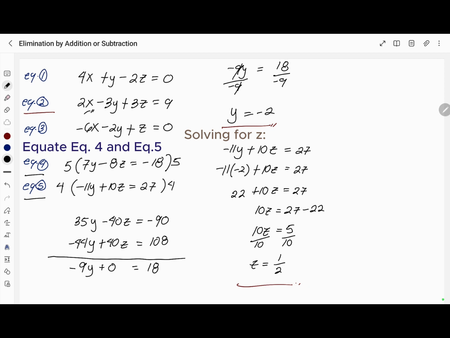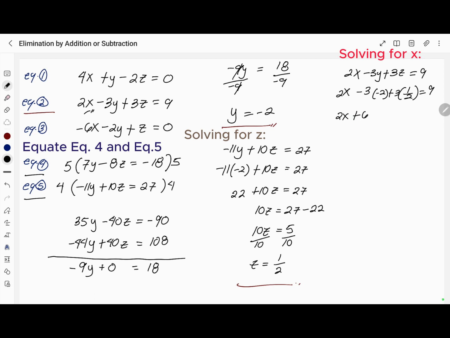Now, solve for x. Let's just choose from the three original equations. Let's say I choose equation 2. So we have 2x minus 3y plus 3z equals 9. Then substitute the value of y and z. Negative 3 times negative 2, we have positive 6.